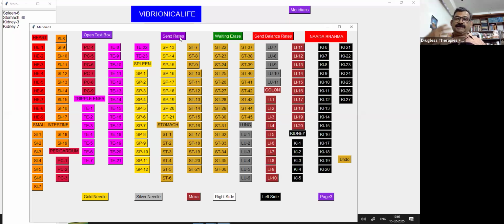Humidity is like a sponge: when a sponge absorbs water, it becomes enlarged and heavy. That is the earth element, which is humidity. In the earth element we have two organs: one is the spleen, another is the stomach.